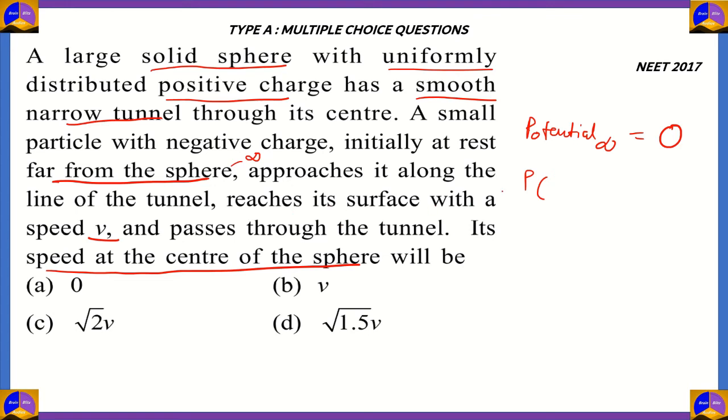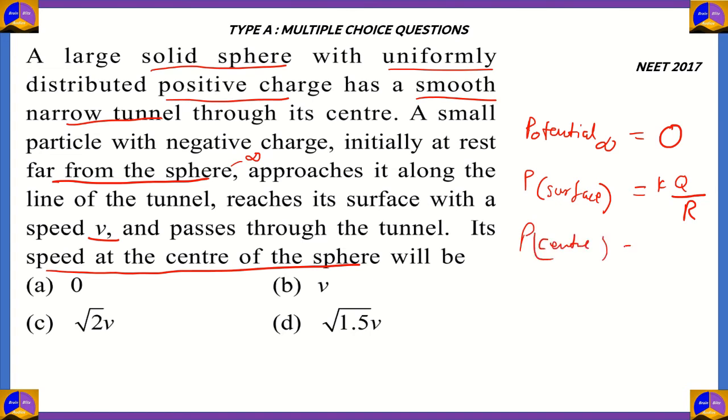Next, this particle approaches the sphere along the line of the tunnel and reaches its surface with a speed v. So we need to find out the potential at the surface. The potential at the surface of the sphere is kq divided by capital R, which in this case is the radius. What next? This particle eventually reaches the center, so we need to find out the potential at the center as well.